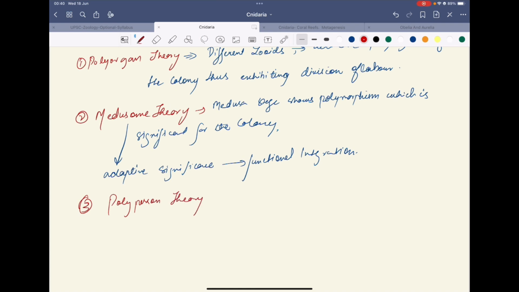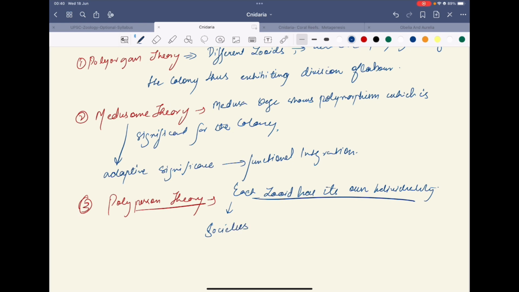According to this theory, each zooid has its own individuality, and they are similar to societies. They interact to work together.